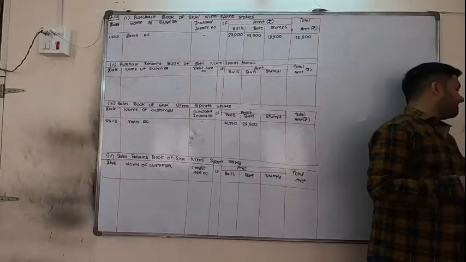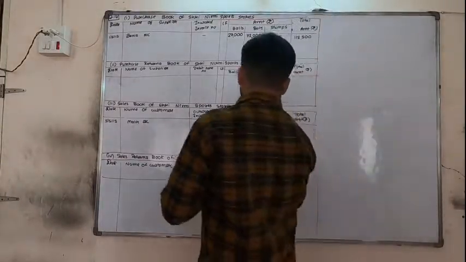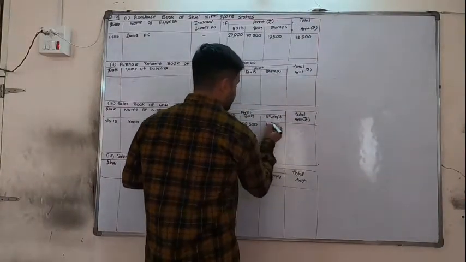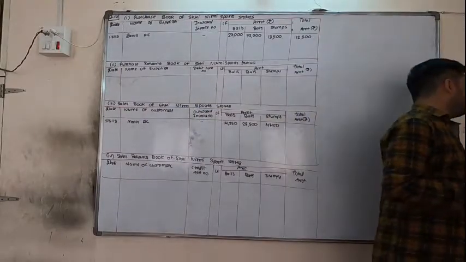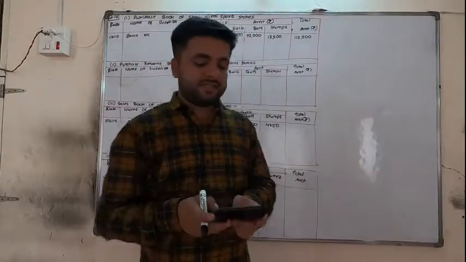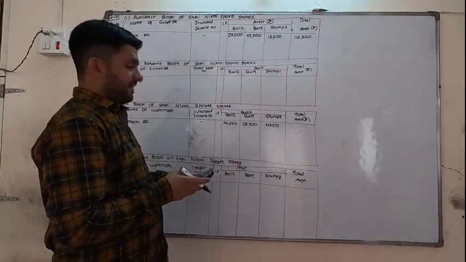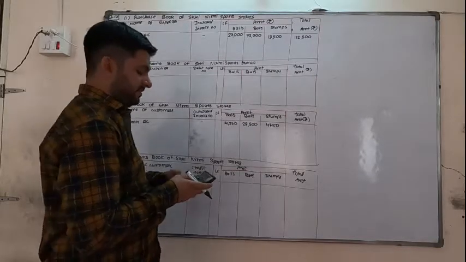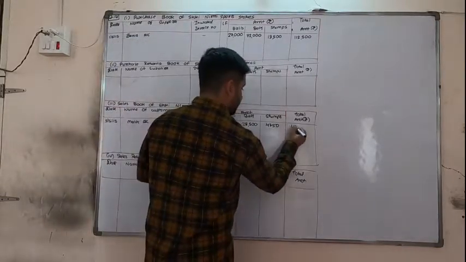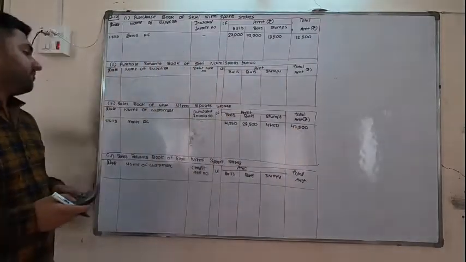Next, 10 stumps at 500 per pair, so 5,000 minus 5% is 4,750. Now 14,250, 28,500, 4,750. The total sales amount is 47,500.